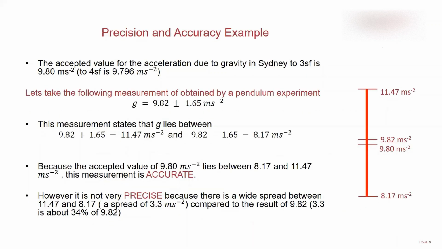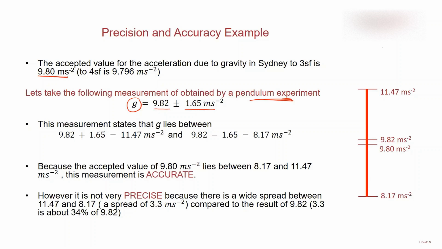So let's take an example for precision and accuracy. The accepted value for the acceleration due to gravity in Sydney, to three significant figures, is 9.8 m/s². Let's take the following measurement obtained by the pendulum experiment. For g, we got 9.82 plus or minus 1.65 m/s².